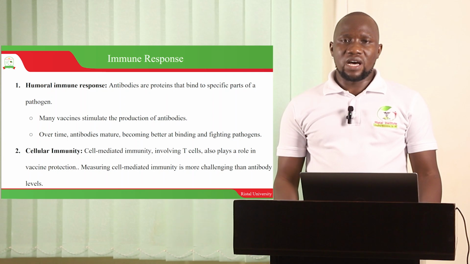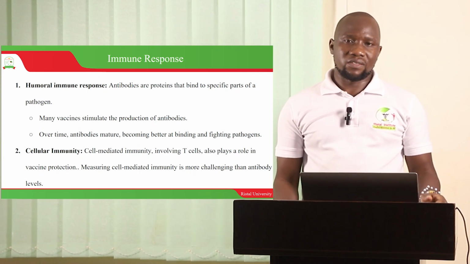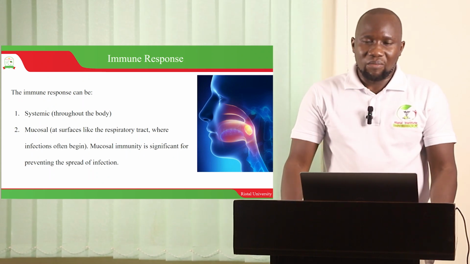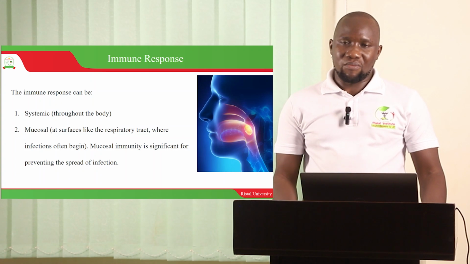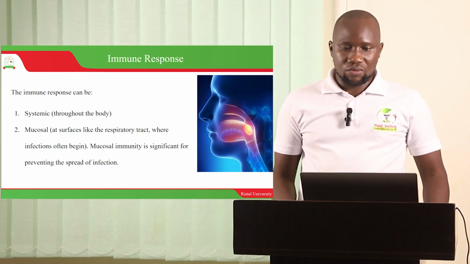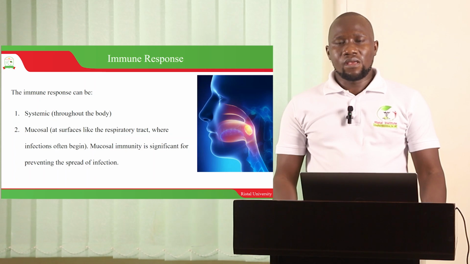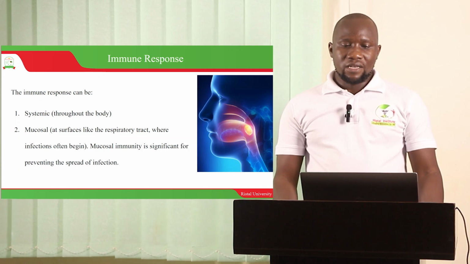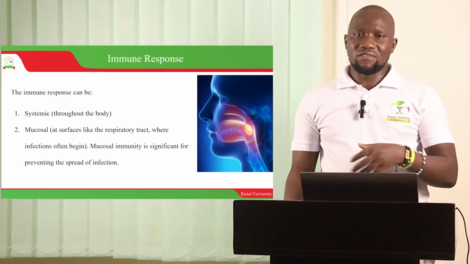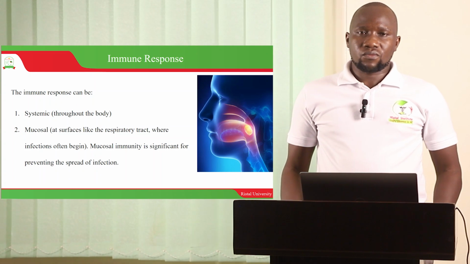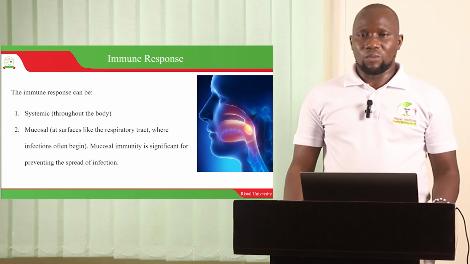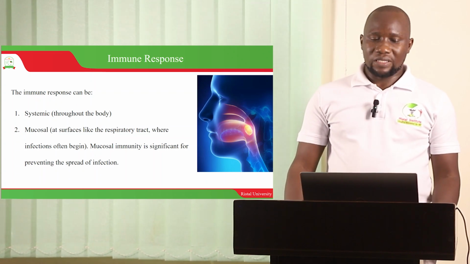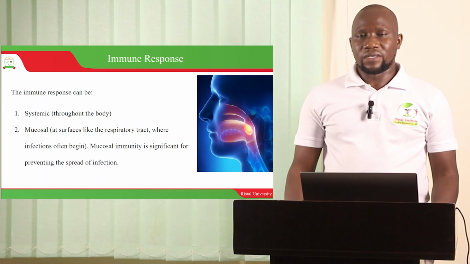Throughout our body, we have these cells surveilling so that the pathogens can be neutralized when they appear in the bloodstream or in any other tissue. When you have an infection that is systemic in nature, meaning the whole body is having these pathogens causing the infection, then you are most likely going to have a systemic response to this infection.